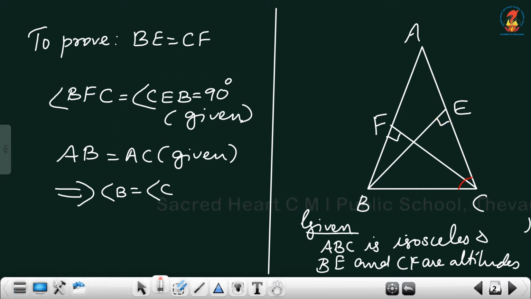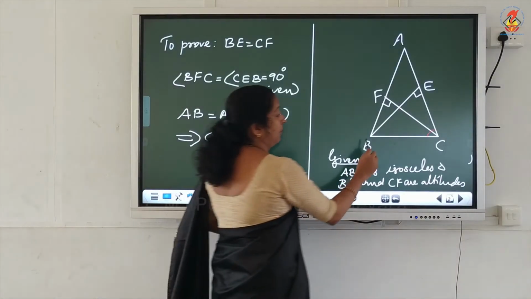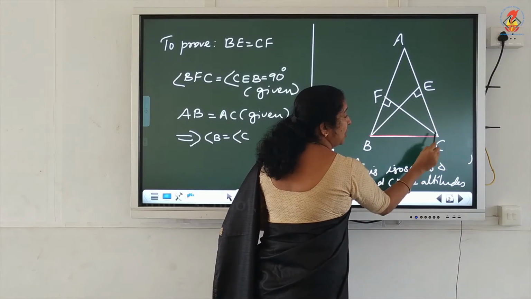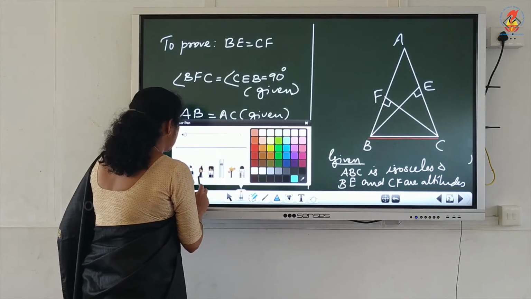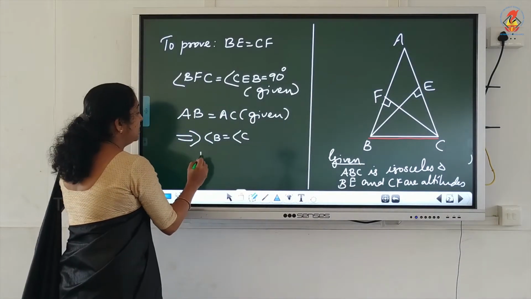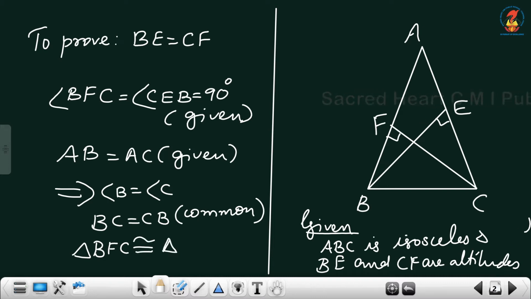So what is the next one which we need? We need one side, which is the common side here: BC for one triangle and CB for another triangle. So what you have to write is BC is equal to CB, common. So what we can say, triangle BFC is congruent to triangle CEB using which criterion?